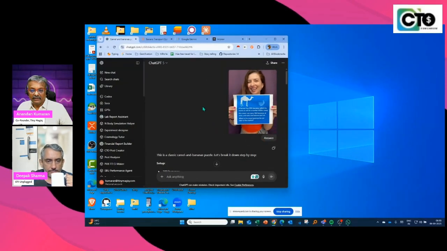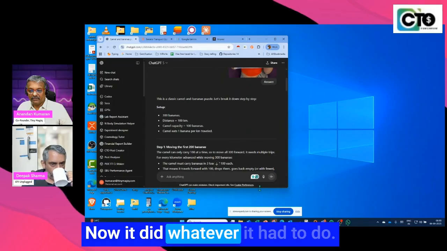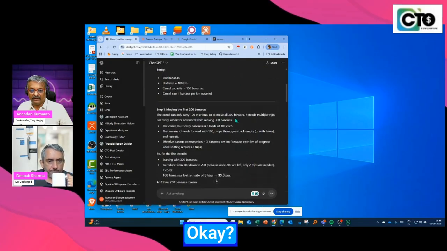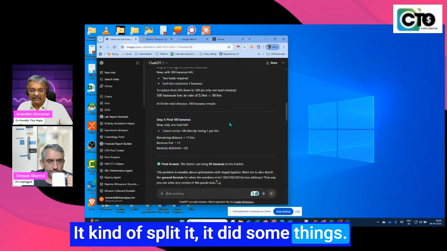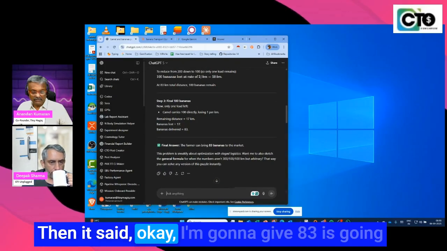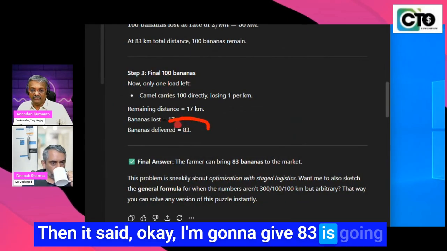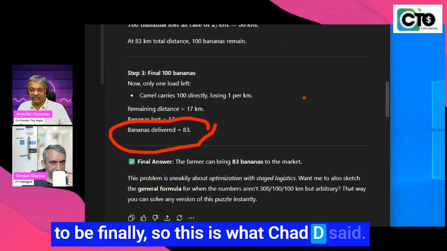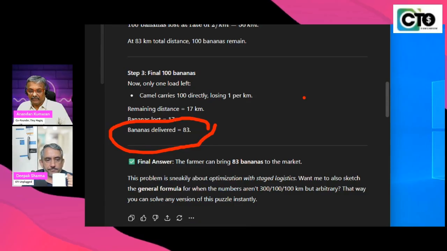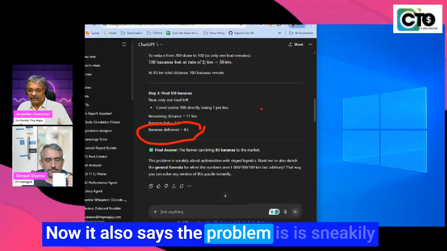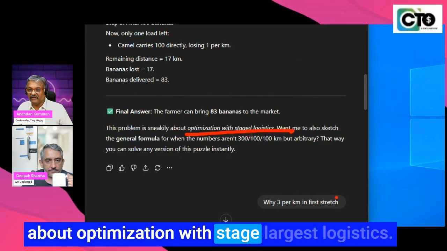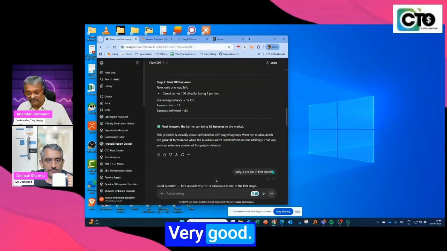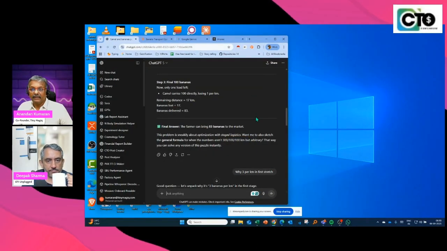It split it up, did some things, and then said it's going to be 83 finally. So this is what ChatGPT said. It also says the problem is sneakily about optimization with stage logistics. Very good. Thank you.